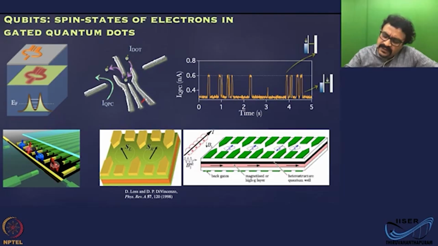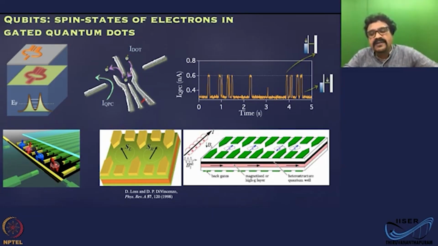So based on this proposal, there are mainly two kinds of qubit architecture. What Loss and DiVincenzo said initially is, you have these quantum dots, you can store one electron in the dot, and you can use the spin state of that electron to store and manipulate information. That's the idea in a nutshell.